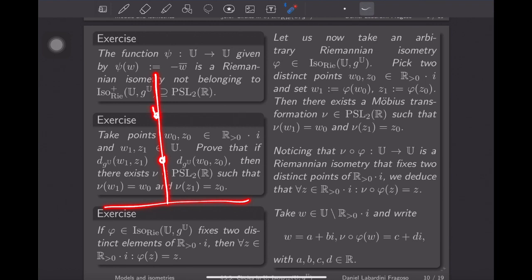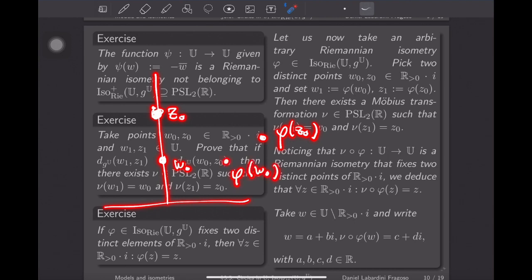Now I apply phi to these 2 points. Let's say this is W0 again, and this is Z0, and I apply phi to each of them, so phi of Z0 and phi of W0.